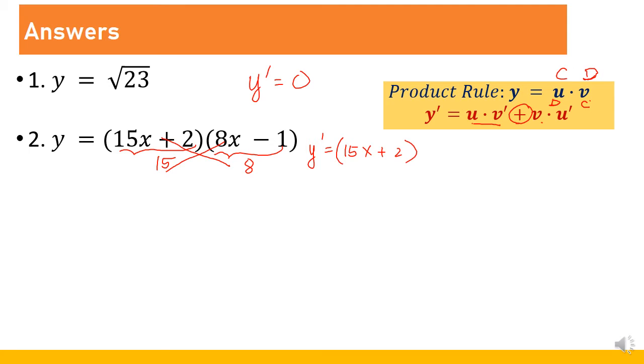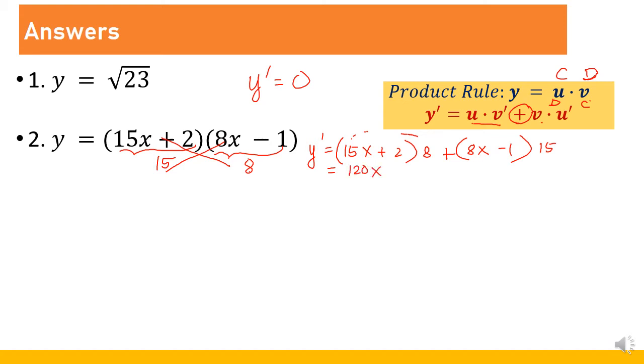This is multiplied by the derivative of the other factor, plus 8x minus 1 times the derivative of the other factor, which is 15. So there you are. You can just simplify this further by multiplying 15 and 8. So what you have there is 120x.